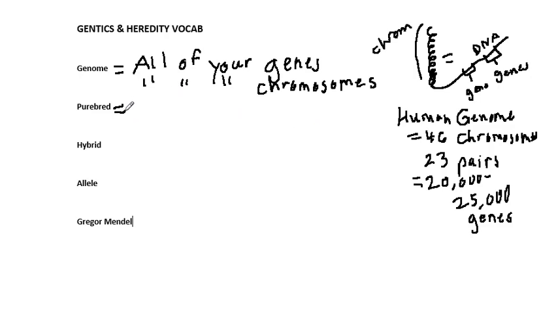Purebred. Now, for simplest terms, purebred, the way we're going to look at it is just homozygous. So the letter capital T would be purebred, lowercase t would be purebred, but heterozygote, capital T, lowercase, would not be homozygous.